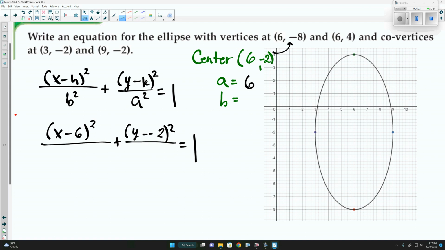Now to get b, we're really going from the center to our co-vertex. So we're looking to see what's the difference between 6 and 9. Because if we said 6 plus 3, 6 plus our value b, we would get 9. And 6 minus b, 6 minus 3 would indeed get us 3.